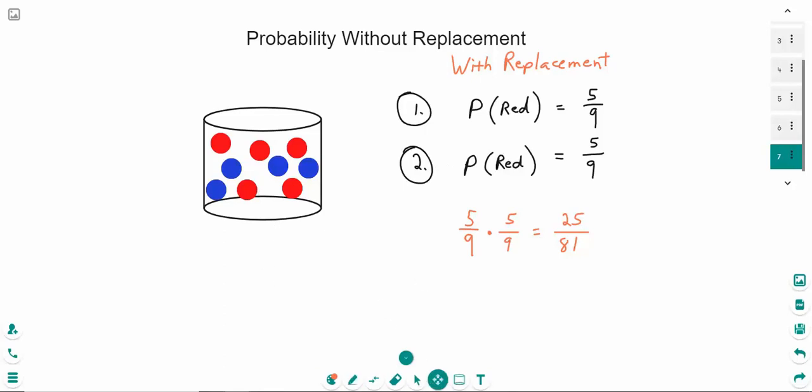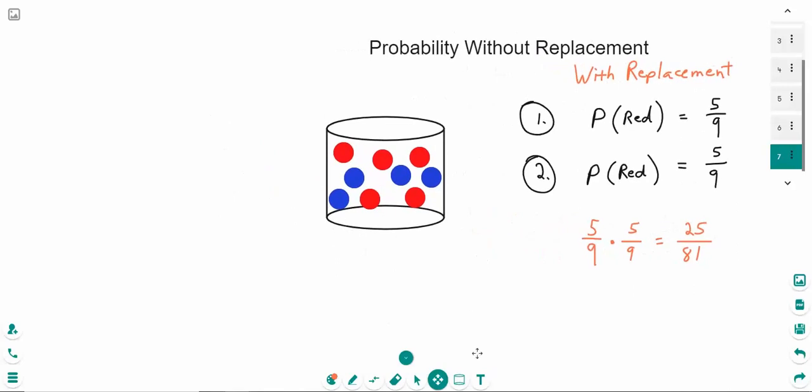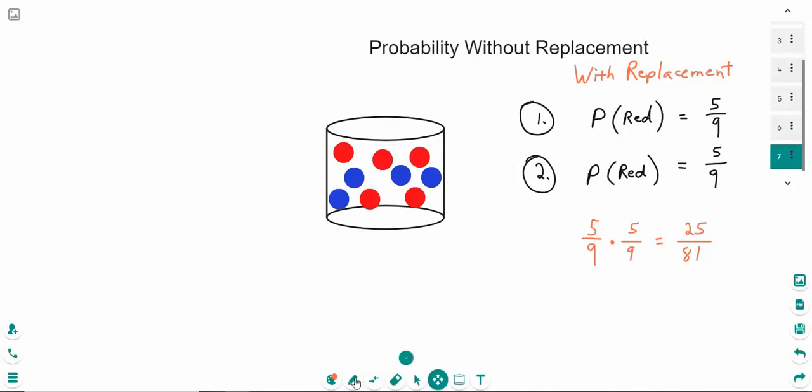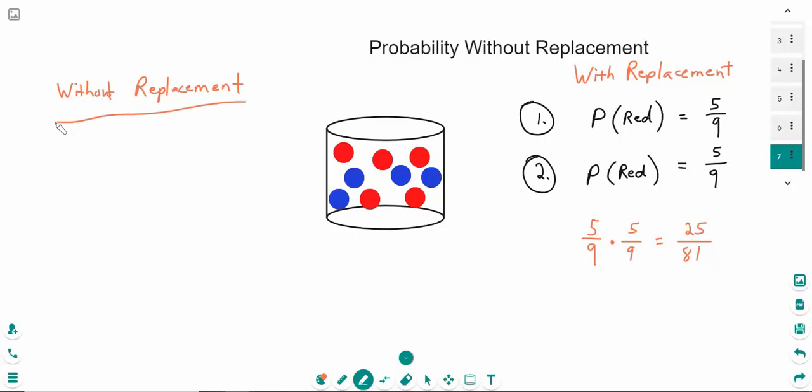Okay, but now, what about if we do not have replacement? Let's say we want to go without replacement, which is really what we're trying to get to in this lesson. This is with, this is without.